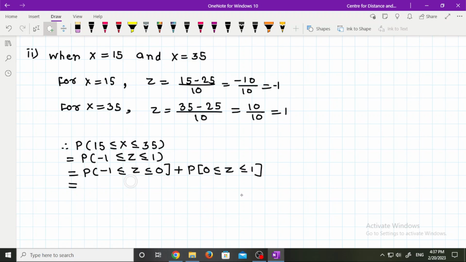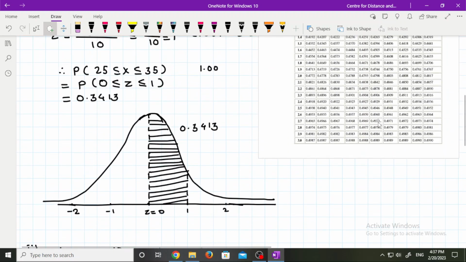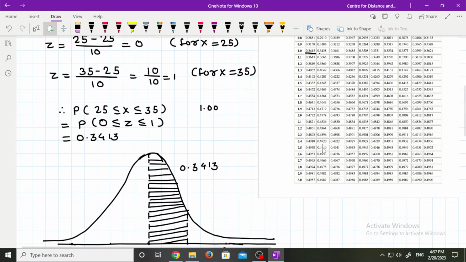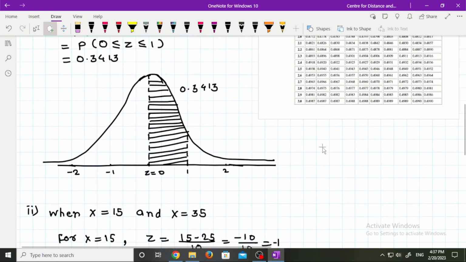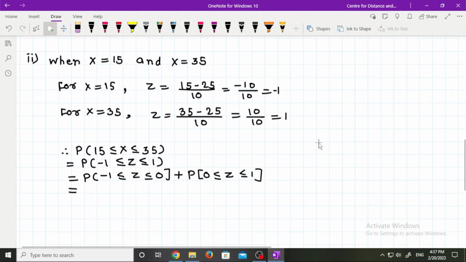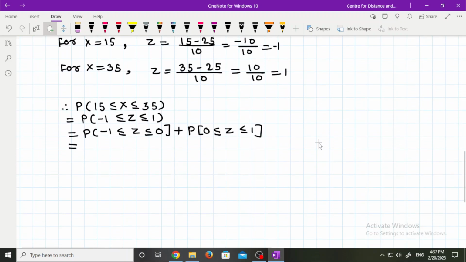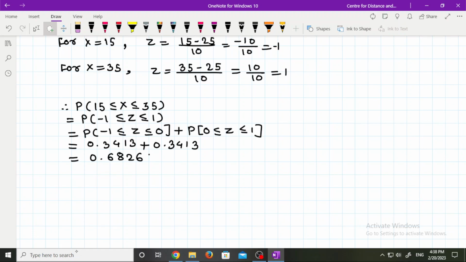From this we have already found 0.3413, so 0.3413 plus 0.3413 is equal to 0.6826.